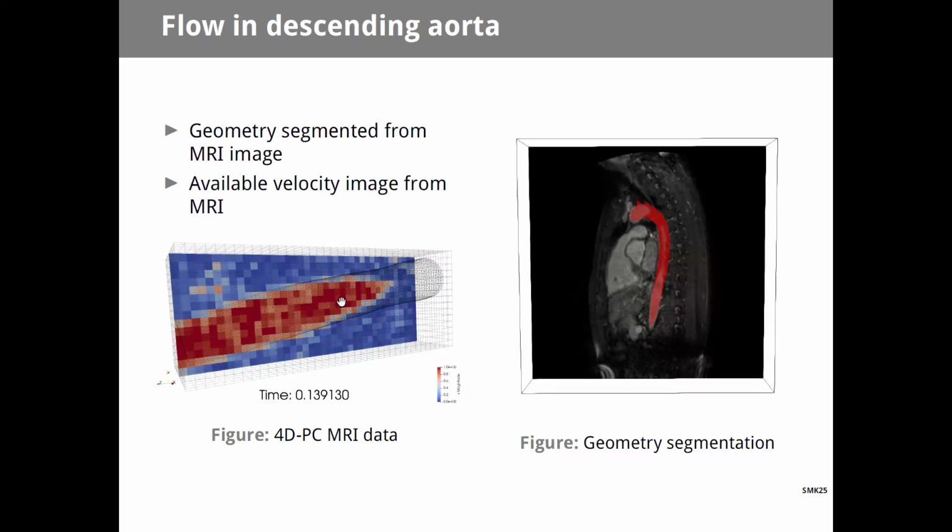This is a picture from magnetic resonance of the descending aorta. It's geometrically just a tube, but you can get some velocity information. This would be the magnitude of the velocity inside the domain. So you can deduce some information on the velocity from the imaging. It's usually with less resolution than the geometrical information, but still, if you have this data, you might think of how you can incorporate this knowledge into the computation.